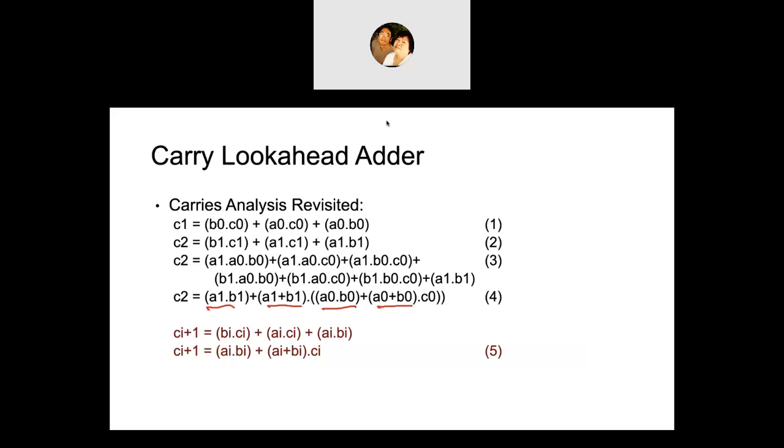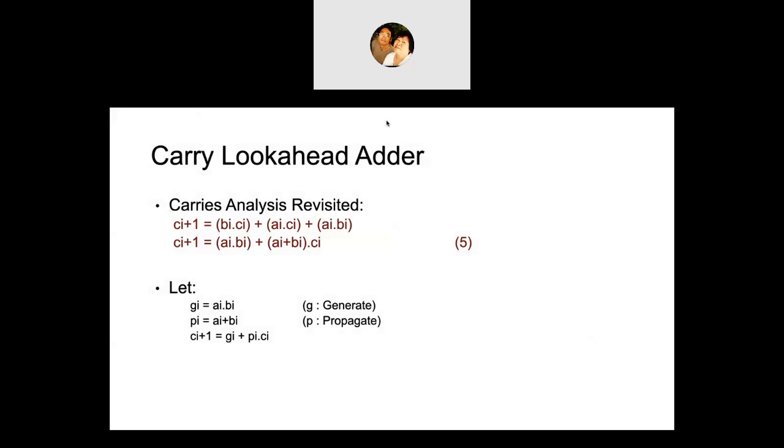When we notice something like this, we create new terms and we call them the propagate and the generate. So instead of representing the equation like this, we will create a new term. We call them G for generate, and P for propagate.